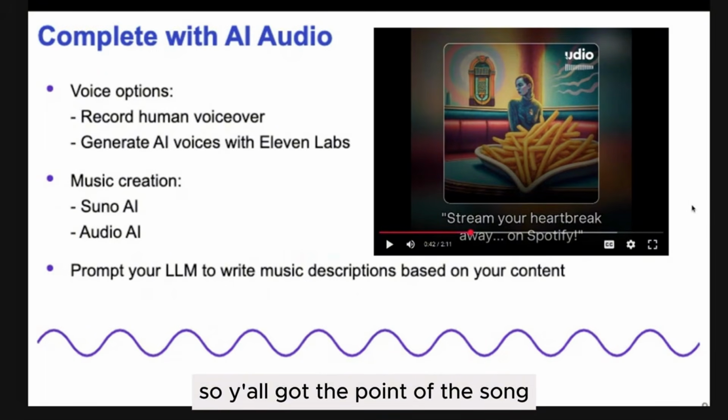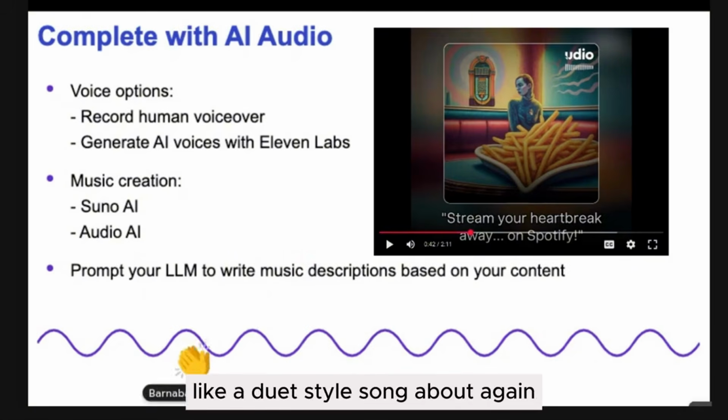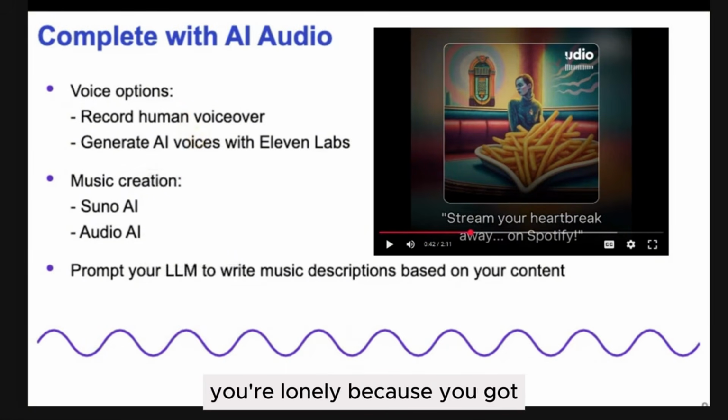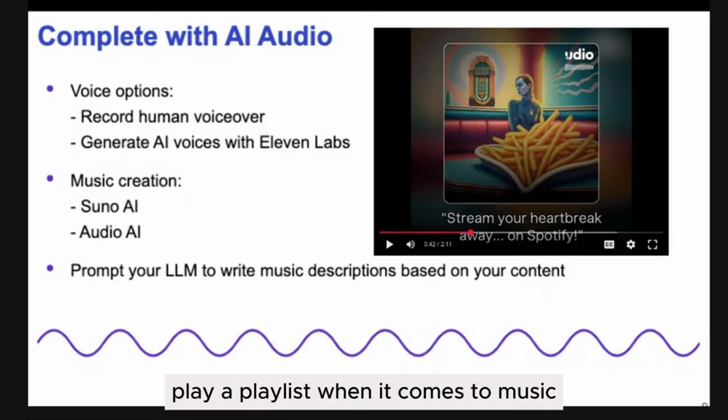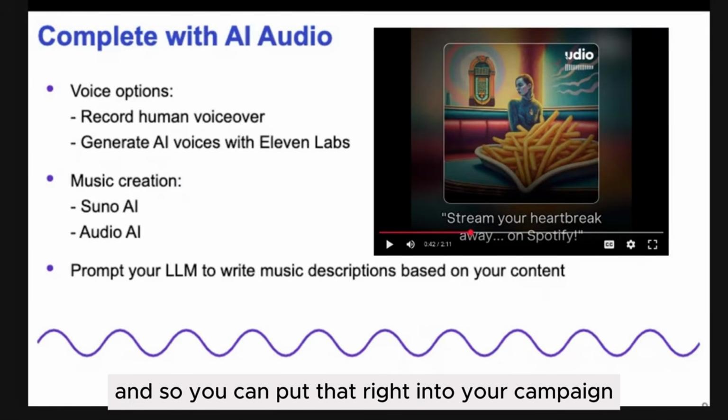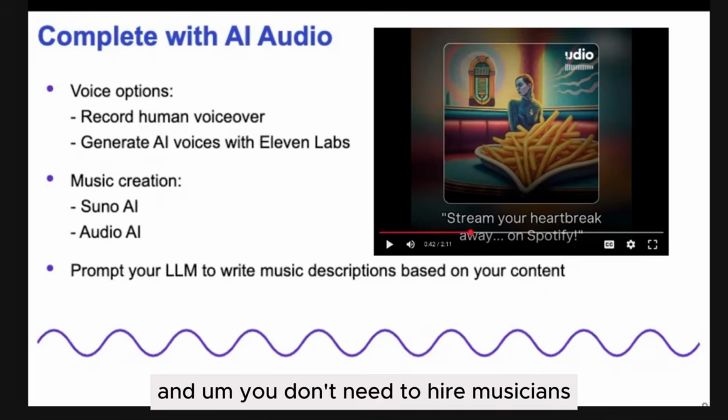So y'all got the point of the song. I thought it would be very funny to do a doo-wop style song about, again, you're lonely because you got ghosted and now you have comfort fries, and a comfort fries playlist when it comes to music. And so you could put that right into your campaign, and you don't need to hire musicians.